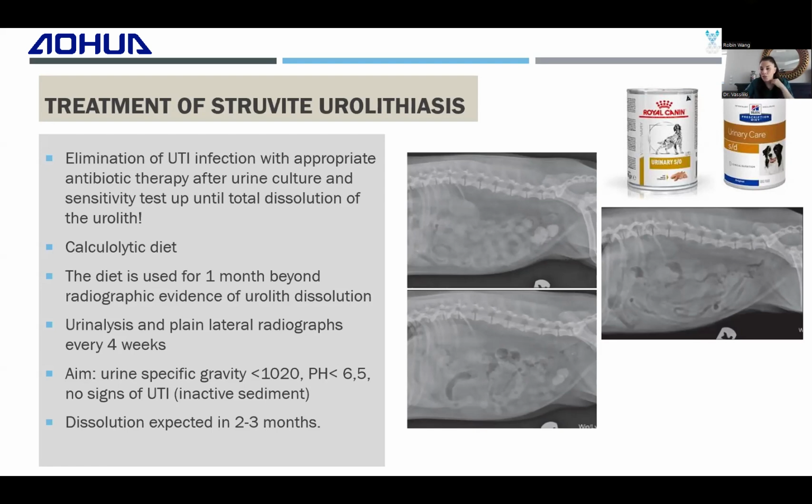Most of the time, what I do is that I go to the medical dissolution of the uroliths with treating the UTI and the calculated diet. It takes more than 1 month, yes, but it dissolves.